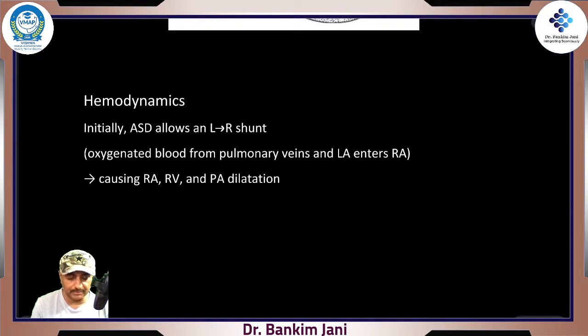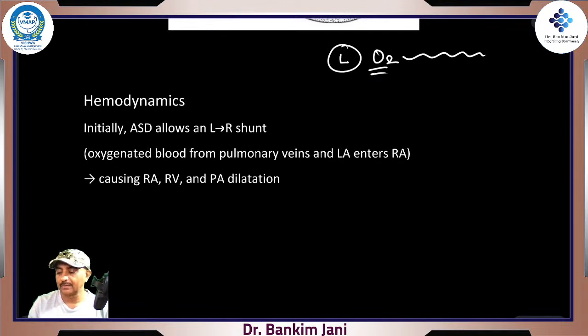Left to right shunt. From left to right, it will go into the right atrium to right ventricle and to the lungs. But the important thing is that on the left side we have got oxygenated blood. So it is this oxygenated blood which is now going on to the right side. Right side is already getting carbon dioxide blood from superior vena cava and inferior vena cava, right?